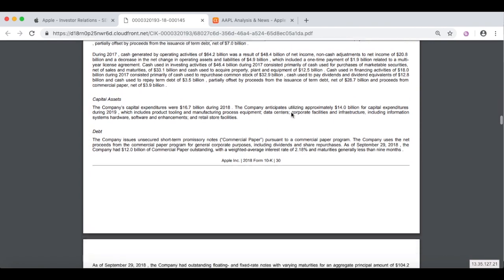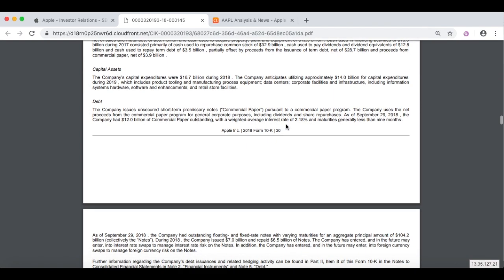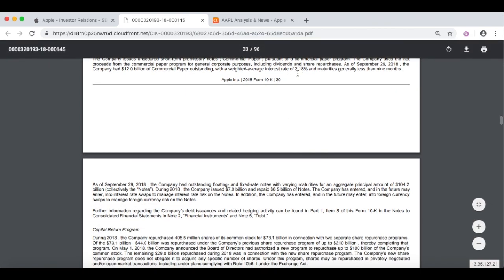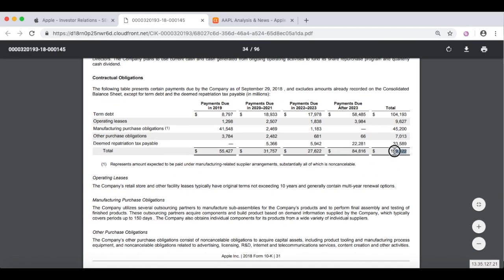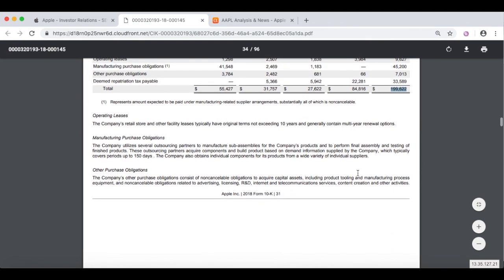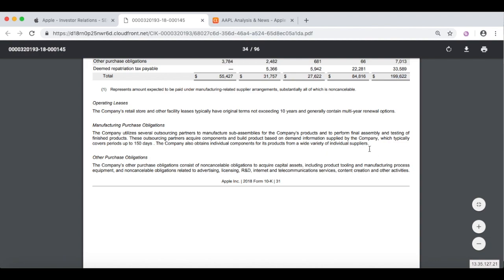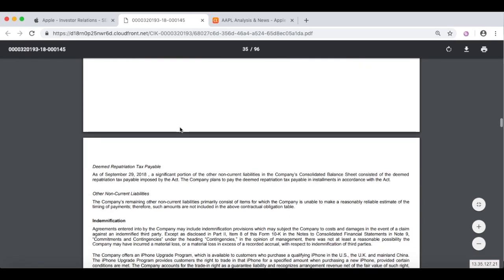Extremely manageable, especially at a rate like this or anywhere around this, even plus 4 points. Then you also look at the total obligation of the company. It's $199 billion. They could pay off all obligations and still have $40 billion, which is much more than 99% of companies out there. Awesome stuff there.